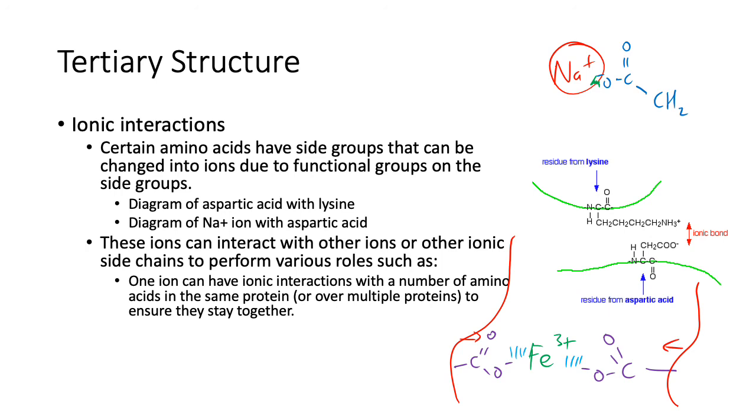One ion can hold together things that are quite far apart. Hemoglobin is one iron ion holding together 4 heme units, all into one area.